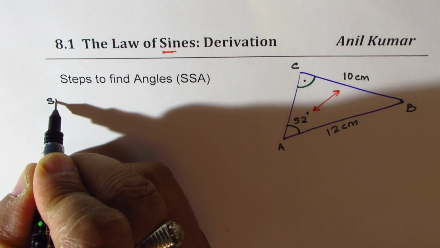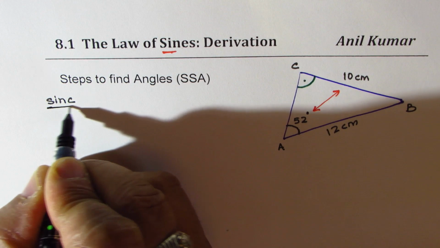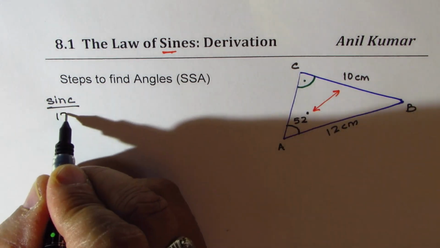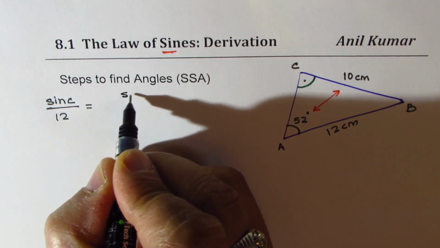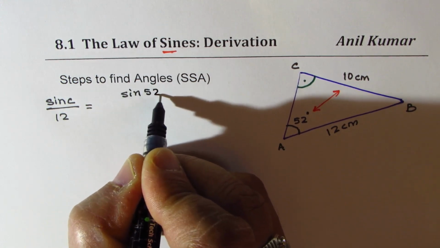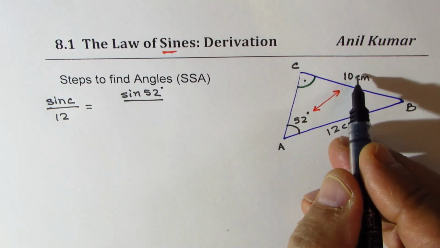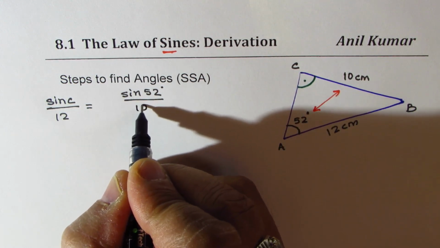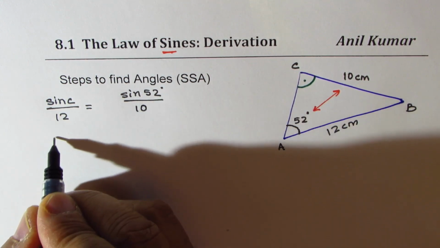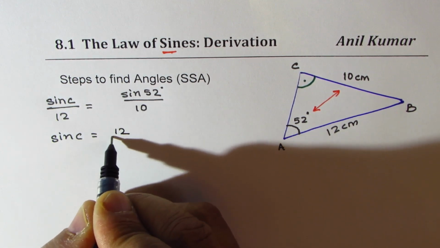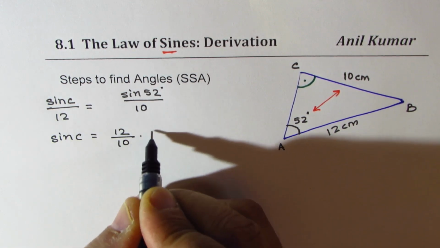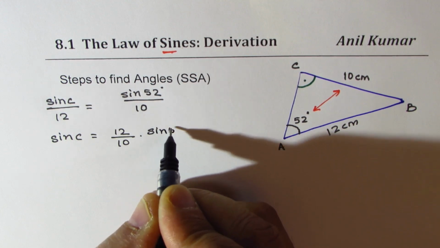So we'll write sine of C over the side opposite, which is 12, equal to what is given, sine of 52 degrees over the side length of 10. We can now cross multiply and say sine of C equals 12 over 10 times sine of 52 degrees.